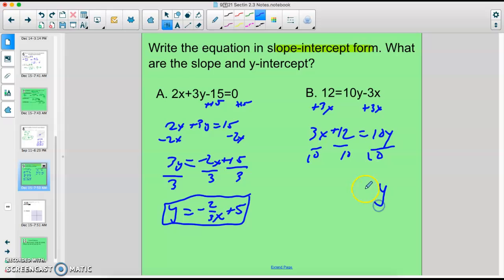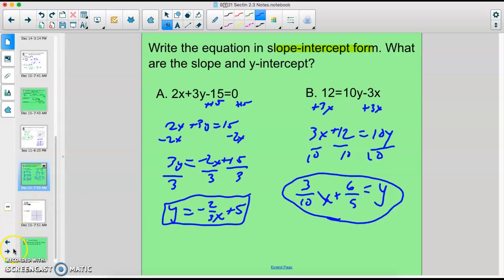So we're left with y over here. And then we have 3/10 x plus, if we reduce this down, we're going to get 6/5. If you wanted to rewrite it, you could put the y over on the other side if you're picky like me.